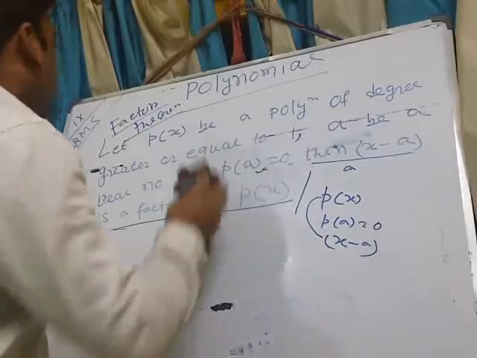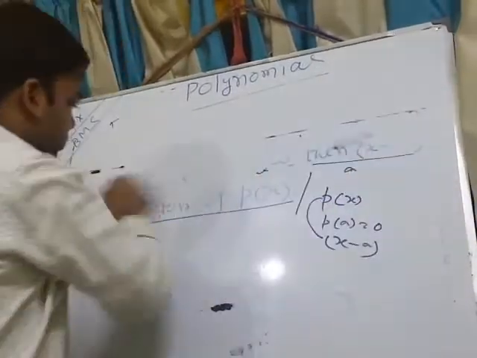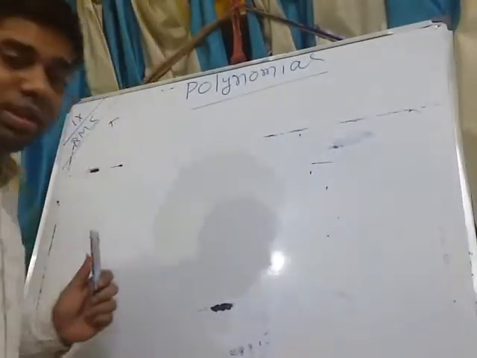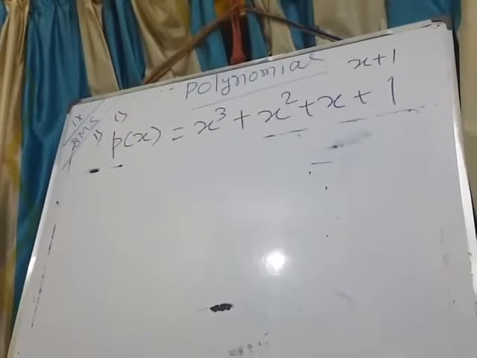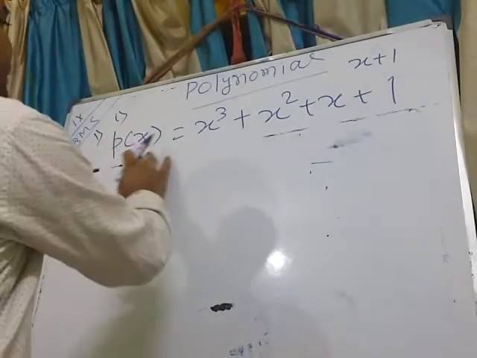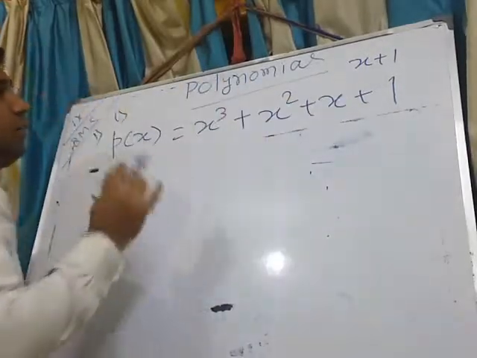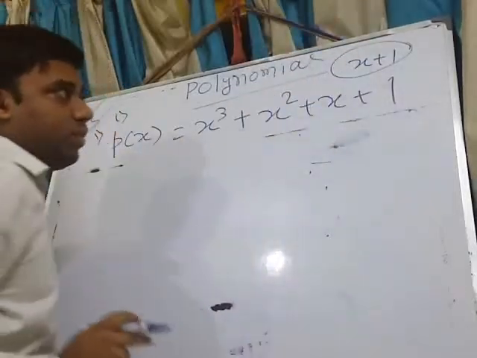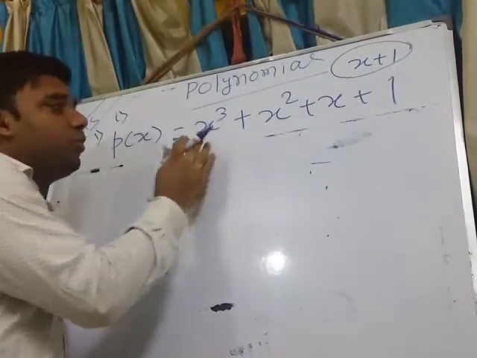So first sum: p(x) = x cube plus x square plus x plus 1. We have to determine whether x plus 1 is a factor of this polynomial or not.